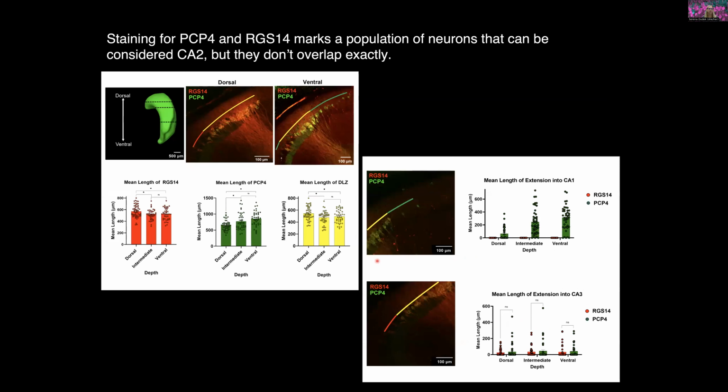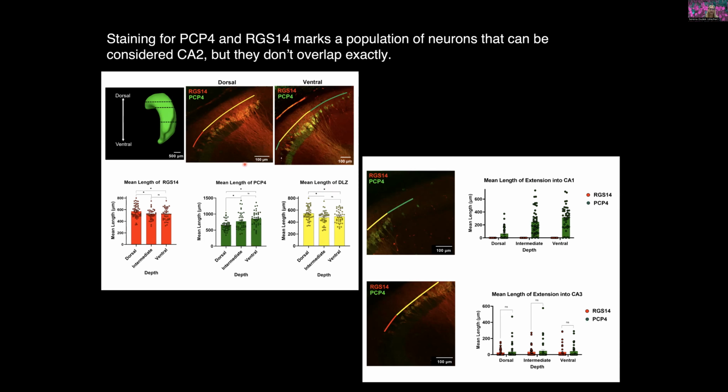Again, here is where we double stained, showing that they don't always overlap exactly. This is the same figure with some more detail, and again, please go to the paper.